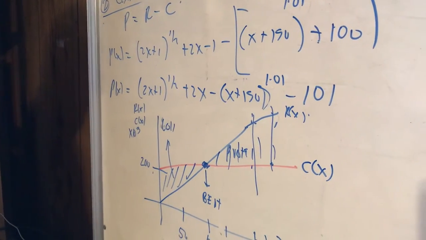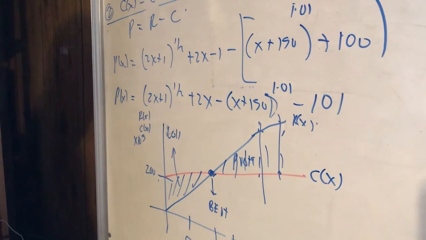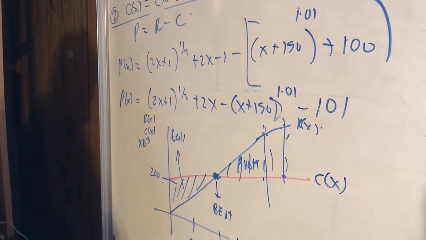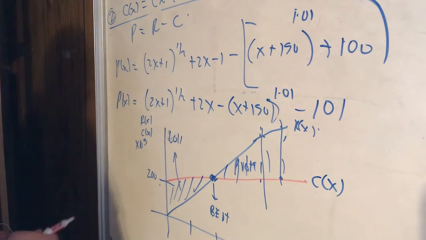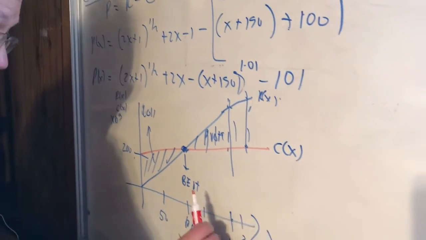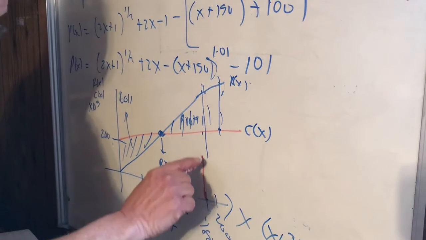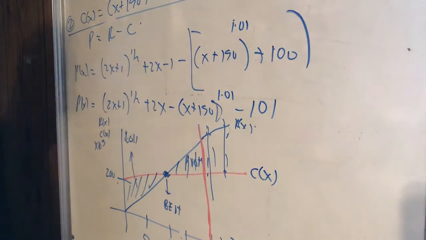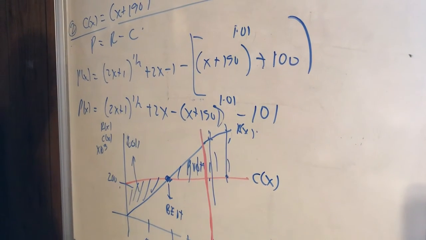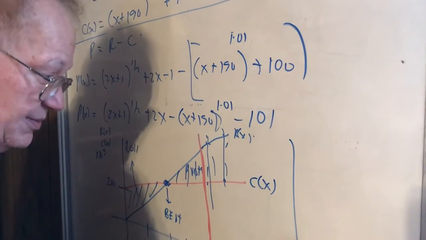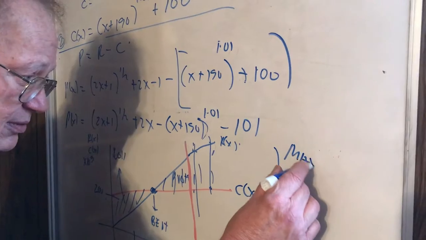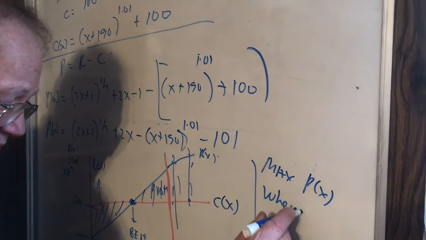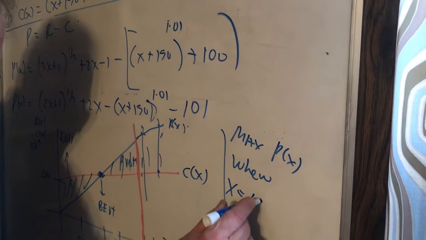But this tells you that you can't produce more than 180,000. So I look at the 180,000 here, and I just go up, and I find that that's my maximum profit point. So my profit is maximized when x is 180,000.